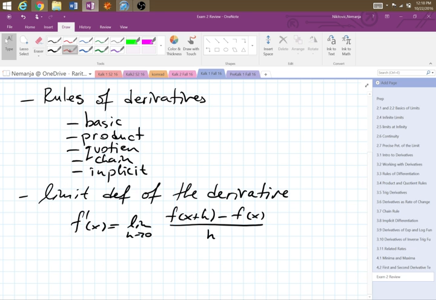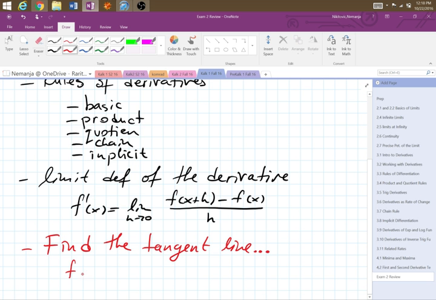I'm going to write this in blood. Find the tangent line, and then 3 dots there, because you know that f prime computed at a is going to be that slope m.